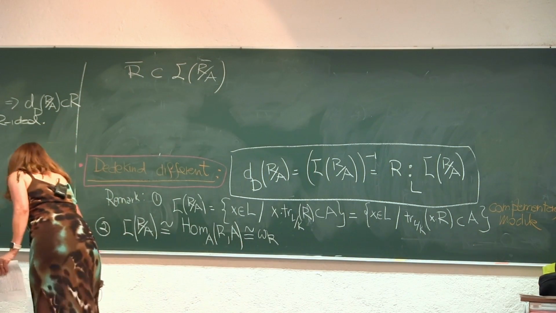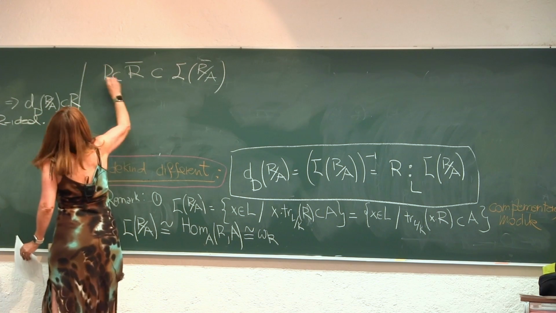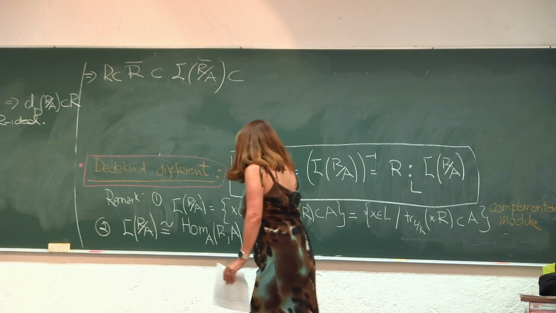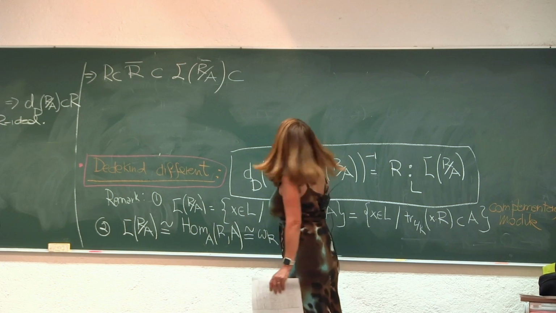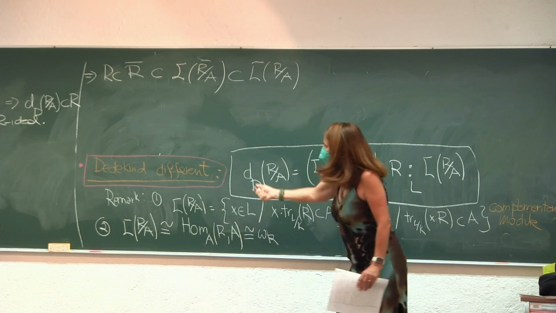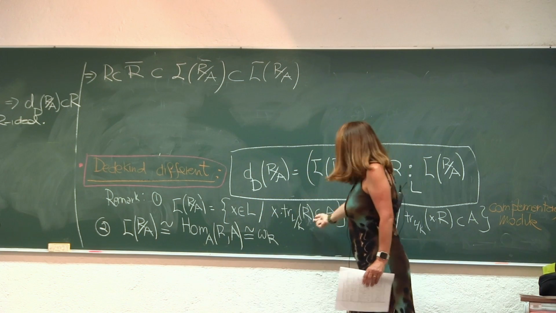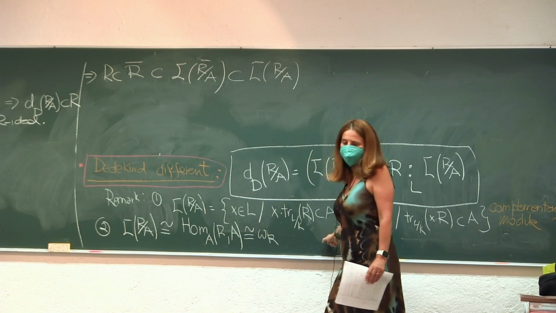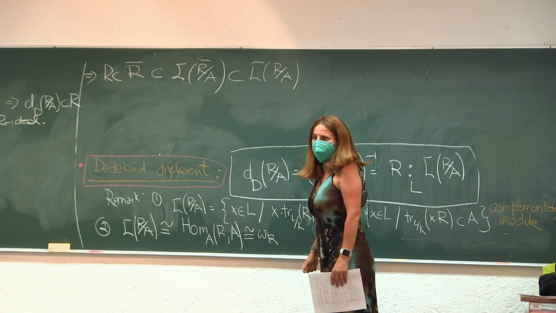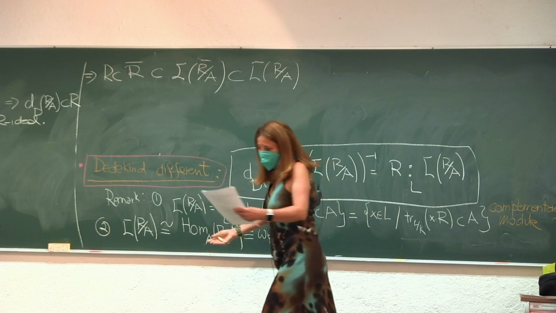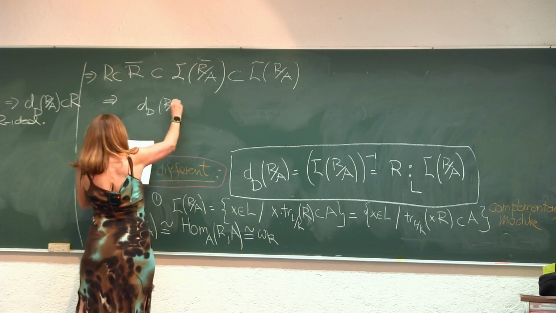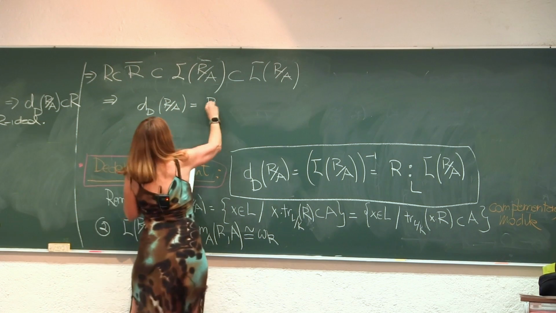So we have that R bar is contained in the complementary module of R bar over A, but R is always contained in R bar. And it's easy to see, just look at the two definitions and compare them, that this is contained in the complementary module of R over A. Because you're looking at the x's, but when you multiply, if it sends R bar into A, it definitely sends R into A. Okay? So you get this inclusion.